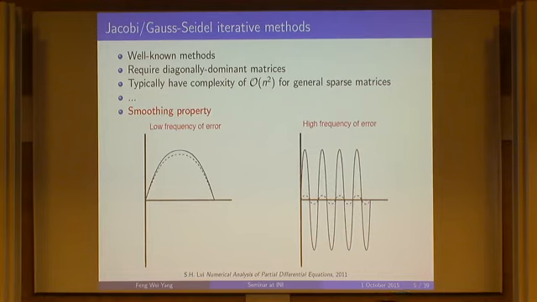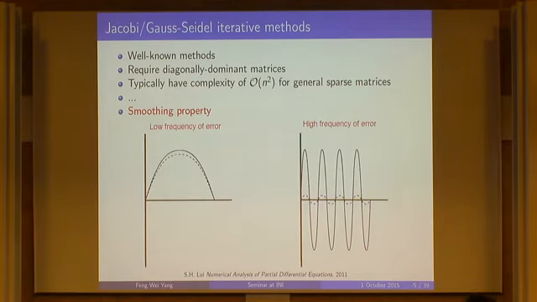One of the very important things, which multigrid really exploits, is the smoothing property. What I mean by that is, if the problem has a high frequency error, Gauss-Seidel will smooth that out very, very quickly. But it will do very badly if only the low frequency error remains in the problem.